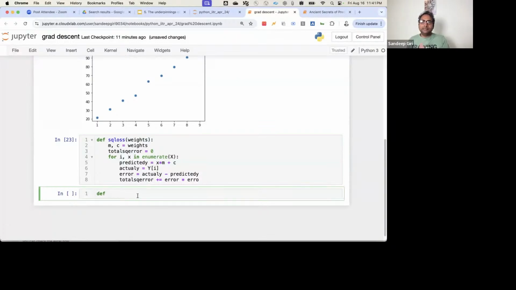Is that okay? So I'm passing it like an array and then assigning it to this. I think this is how you do it, right?